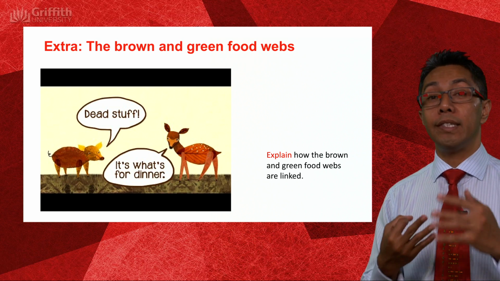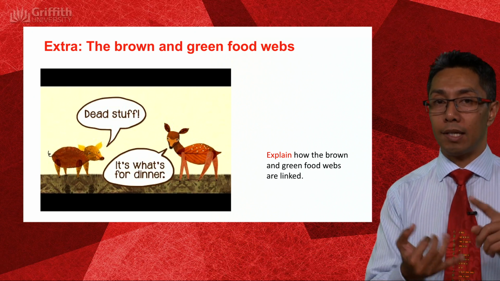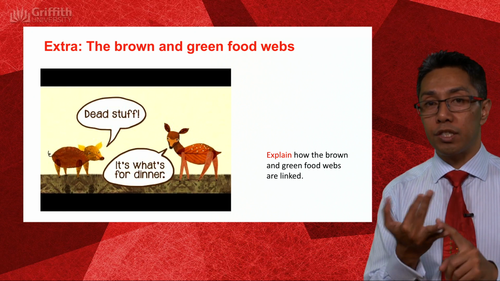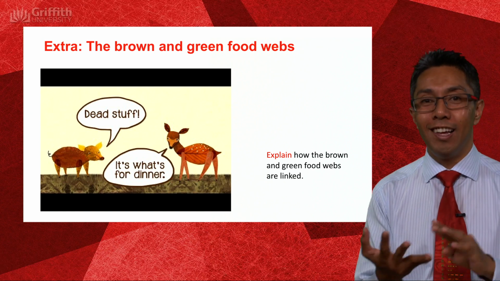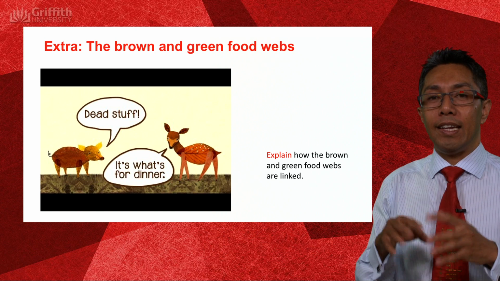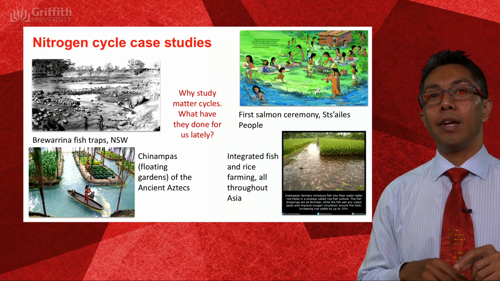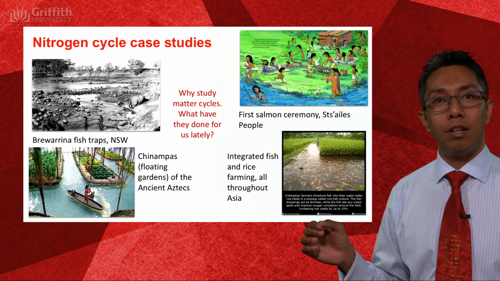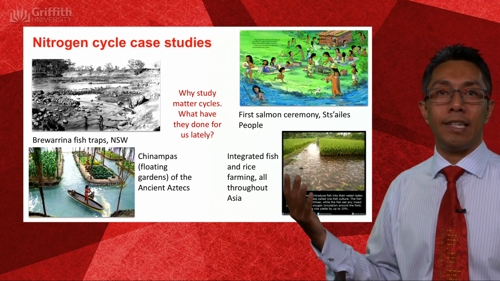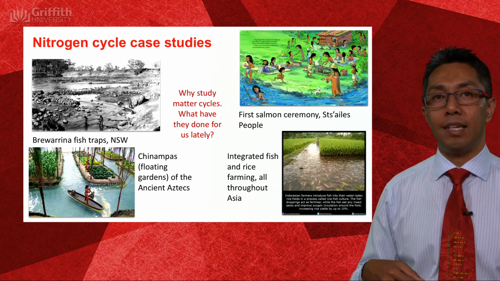That's why we study those particular matter cycles: the carbon cycle, the water cycle, which is essentially the oxygen cycle, and the nitrogen cycle. There is also the phosphorus cycle, but it's not as interesting, and it's a little more difficult. In terms of the nitrogen cycle, there are a number of really interesting case studies, some from Australia, but also some overseas.